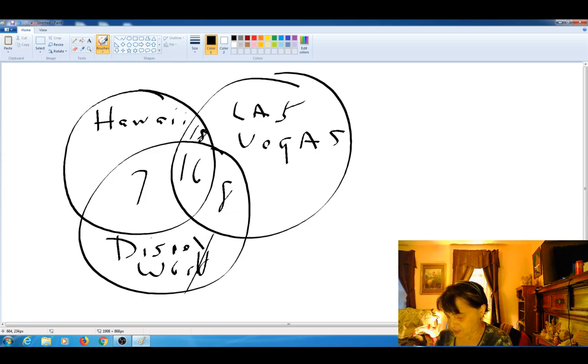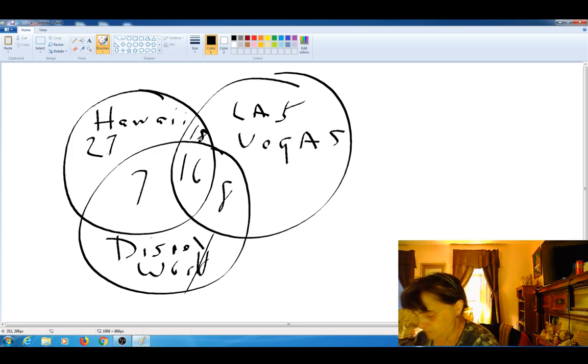And then the number that traveled to Hawaii is 68. 18 plus 16 plus 7 is 41. 68 minus 41 is 27 to travel to Hawaii only. And Las Vegas is 53, so 16 plus 8 plus 18 is 42. 53 minus 42 is 11.